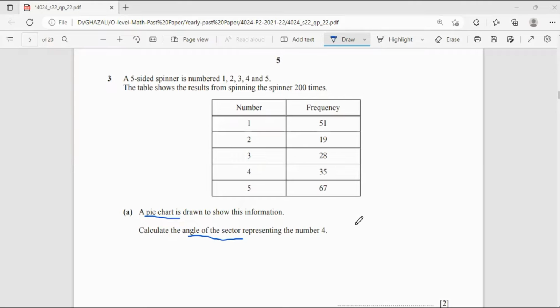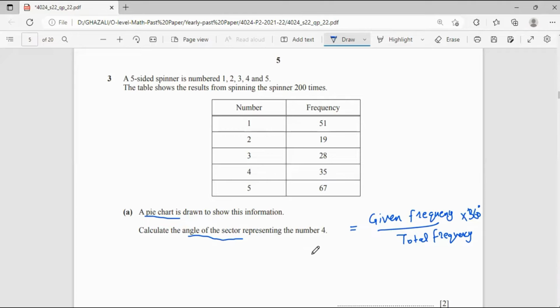Now the angle of the sector representing the number 4, we can calculate by using the formula: frequency divided by total frequency, multiply 360 degrees, because we have to calculate the angle of the sector.